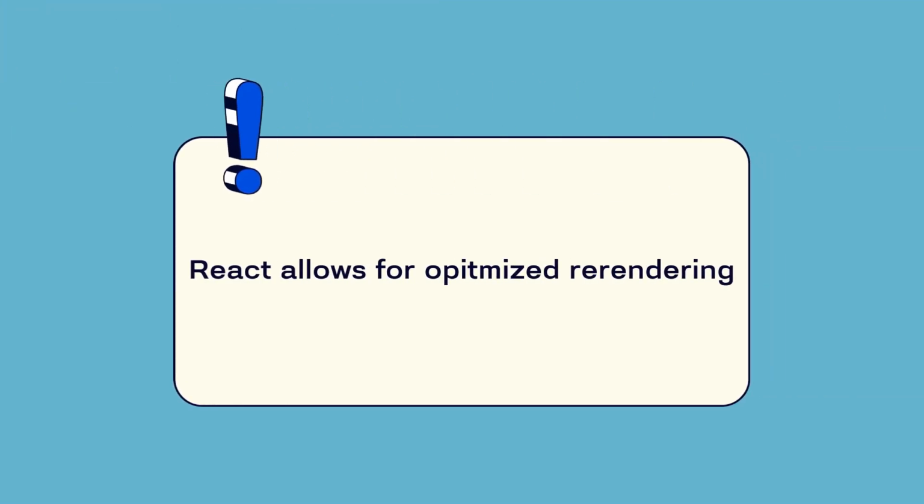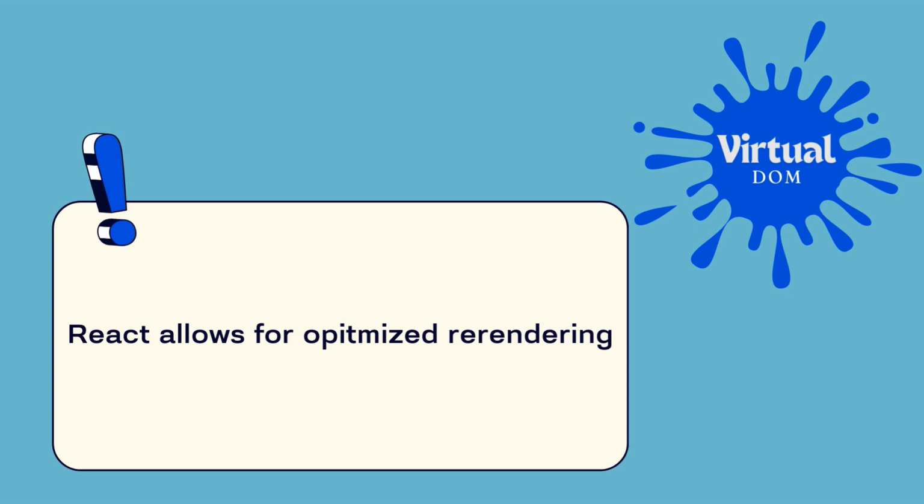Another one we'd like to discuss is the fact that React allows optimized re-rendering using a concept called virtual DOM. In your normal HTML, using vanilla JavaScript, whenever there is a change in your code, probably a button click, we usually use DOM manipulation, whereby whenever you change something, the DOM is re-rendered.